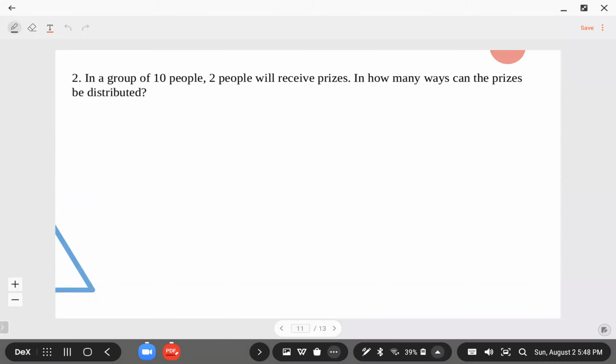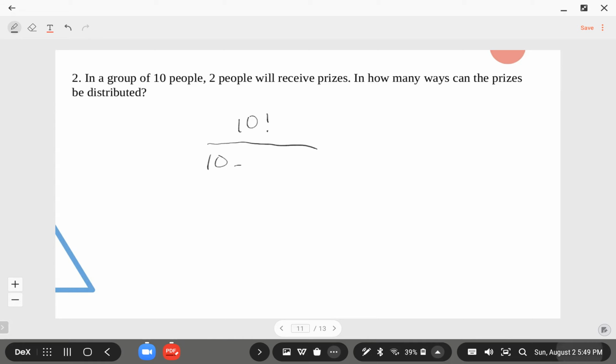In a group of 10 people, right? So the number of all the objects in the set would be 10, right? And then we can do 10 factorial on the top of that equation, divided by 10 minus r, which is the number of objects in the selection we're taking from the set.